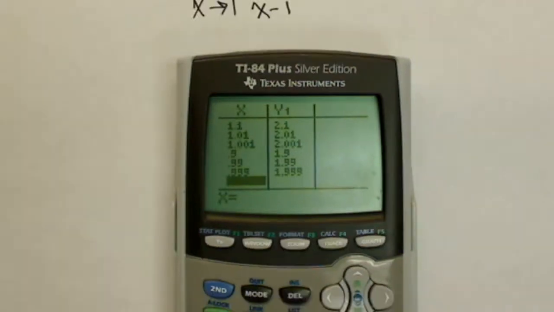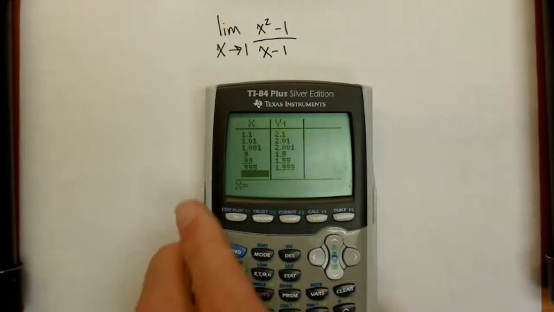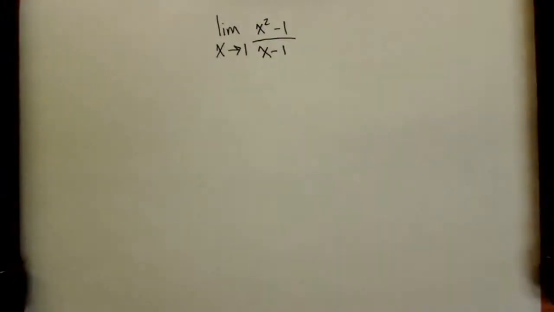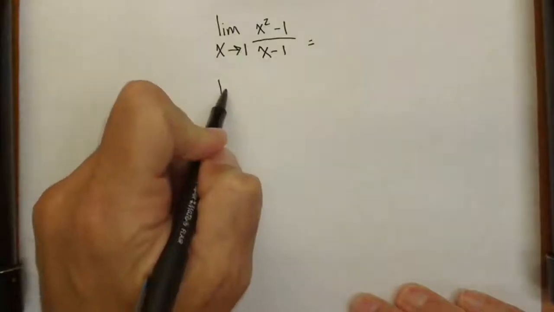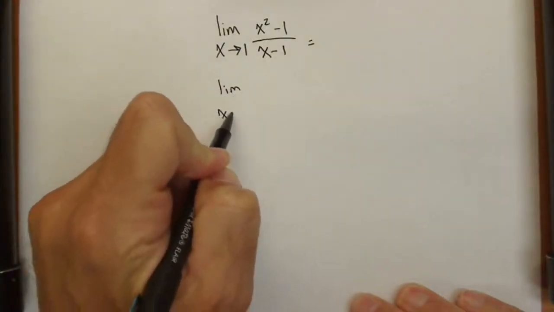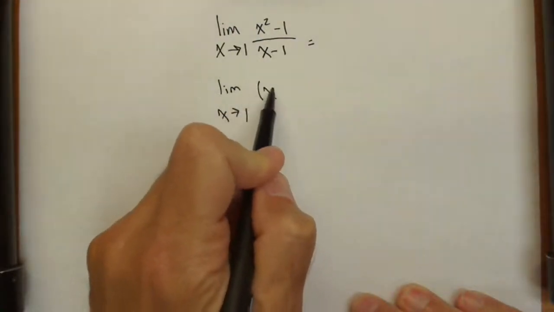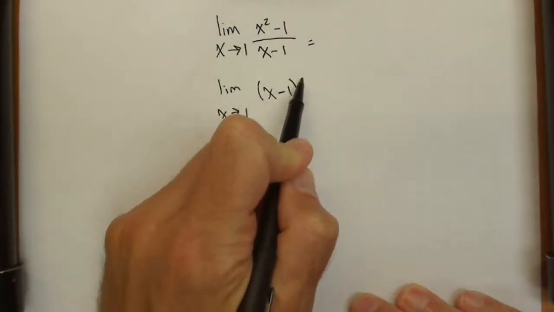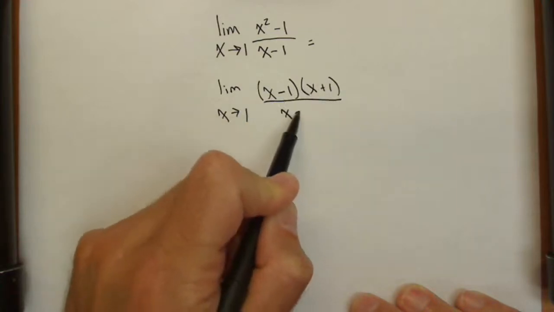Now what we're going to do is verify that algebraically and then take a look on a graph. So algebraically, the way we might solve this one is notice that the numerator is going to factor. We have difference of squares. So x squared minus 1 is going to factor into (x minus 1)(x plus 1) over x minus 1.